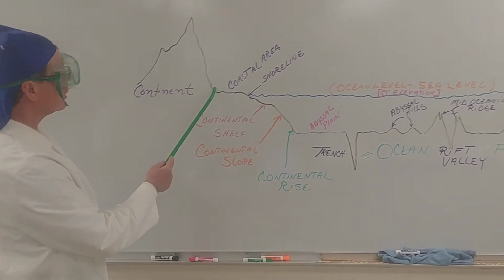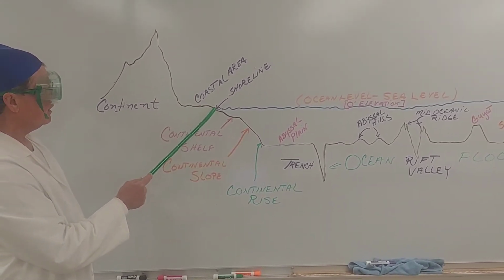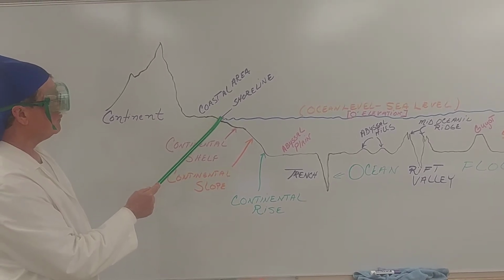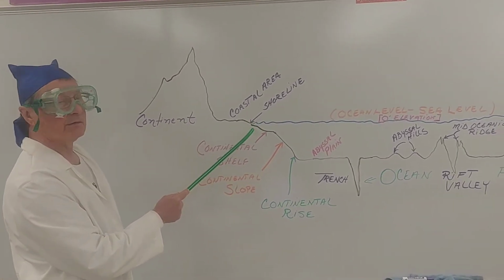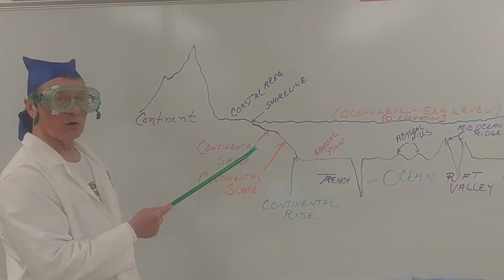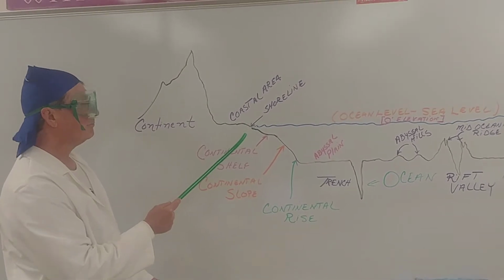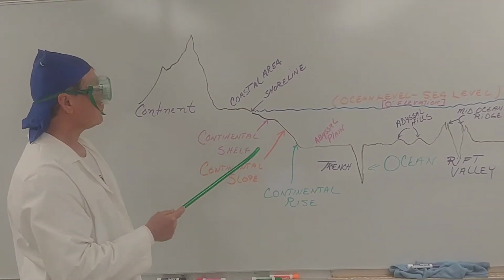Where things start to slope off, you've got your coastal area, and the shoreline where the ocean meets the coast, sometimes also called the coastline. The shore up from that is typically called the beach.